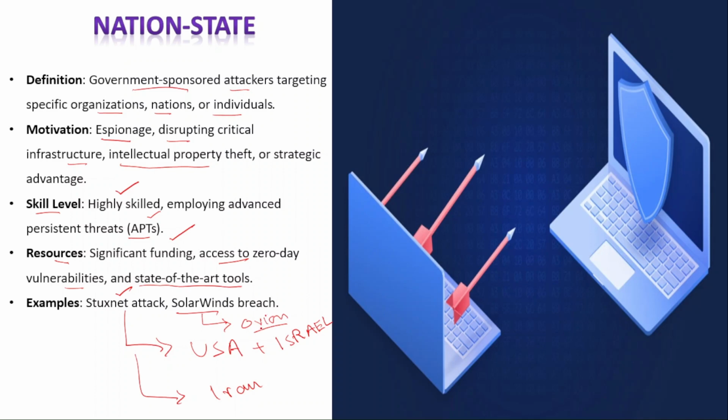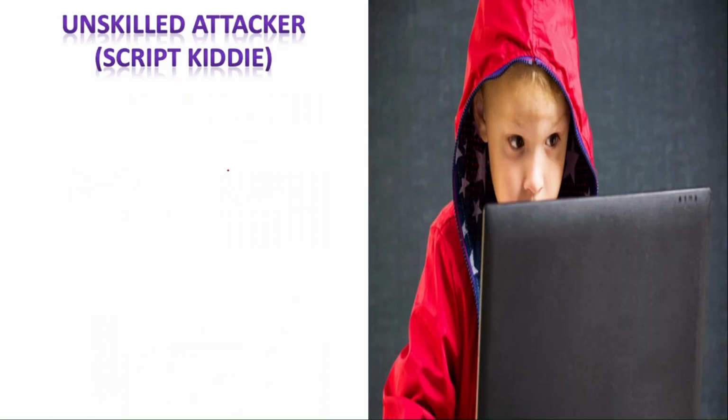Since this was used by many organizations, including many US government agencies, all of the organizations that used this specific software were compromised. This operation was basically done by Russia. So attacks that are launched by nation states are known as nation state threat actors. The second one is the unskilled attacker, that is the script kiddie.